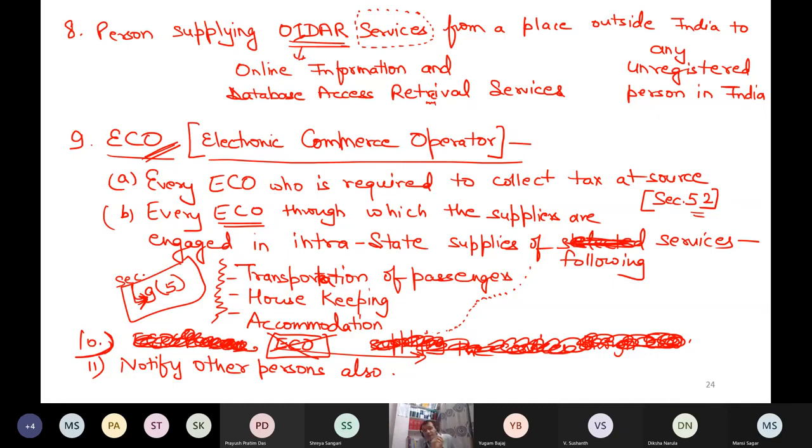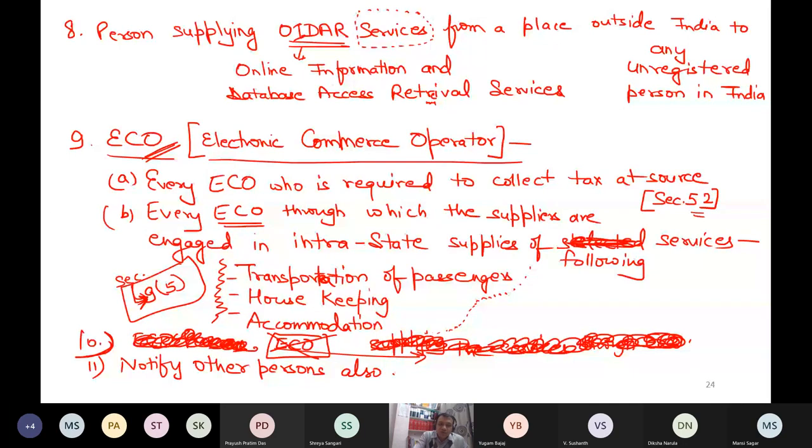Now, I have told you earlier also, do not read section 22, 23, 24, 25 in isolation. The comprehensive knowledge comes when you read all these four together. Because in one section, so many times application of another section is also required.